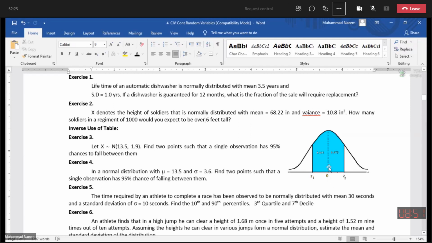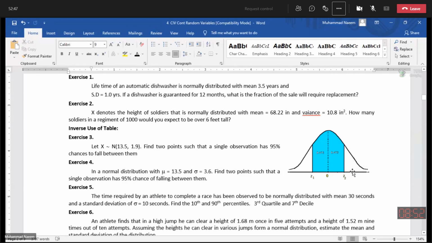Again, let's say we have the mean in the center, which is 68.22. So definitely 72 will be on the right hand side. But we need the probability more than 72. More than 72 is this area, this region. This region we need in this case.